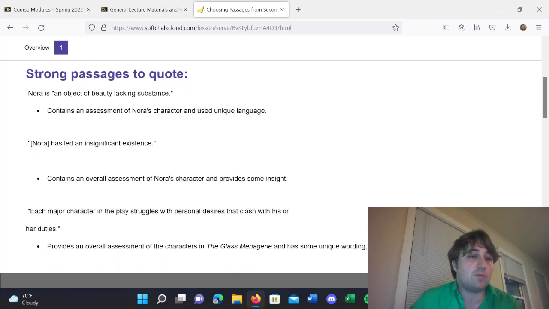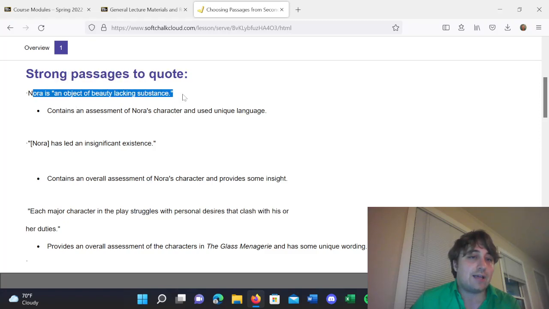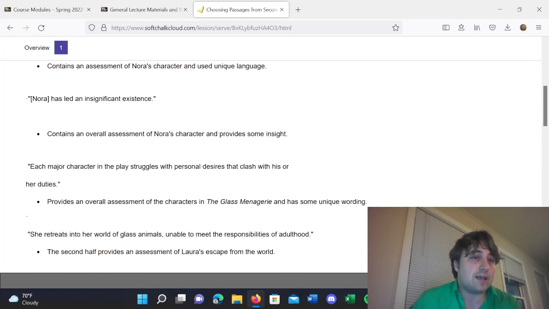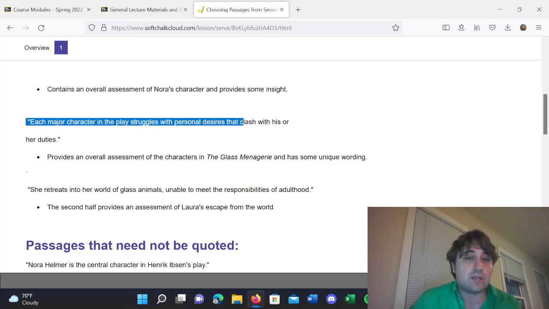So here's some strong passages to quote. Nora is an object of beauty, lacking substance. So maybe that reflects back to the themes, beauty, lacking substance. Nora has led an insignificant existence. Maybe the theme of futility, vanity. Each major character in the play struggles with personal desires that clash with his or her duties.